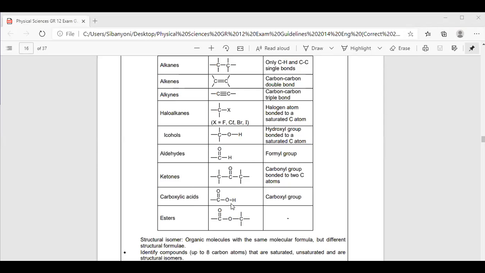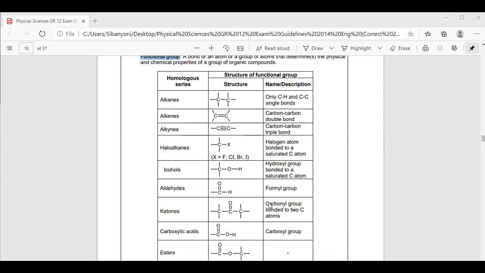This is the structure that you will look for in that molecule. And you are then required to know the name of this functional group. It's a carboxyl group.